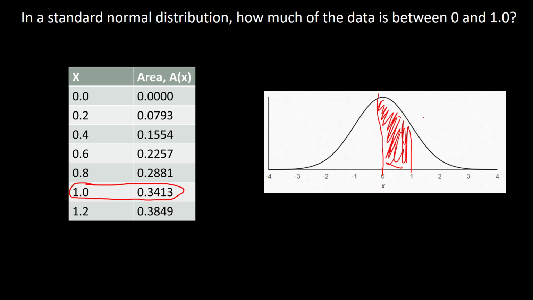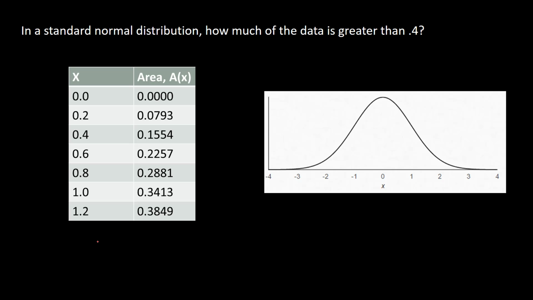By definition of the table, this tells us the area between 1 and 0 is 0.3413. So this one is very straightforward. And if you want to convert that to a percent, you would have 34.13%.